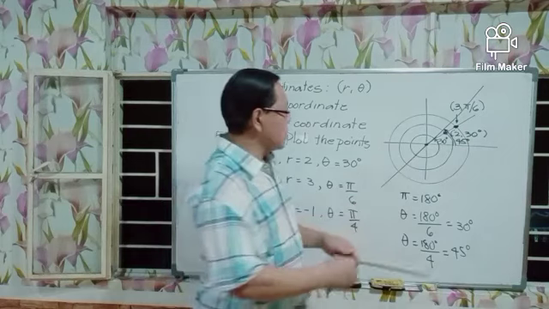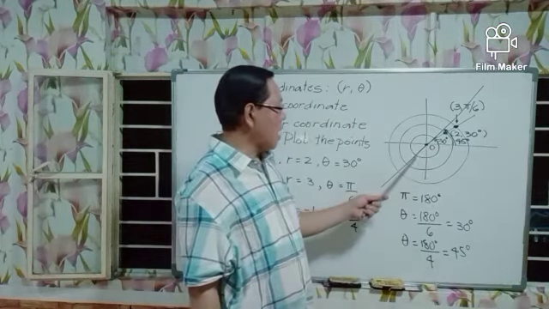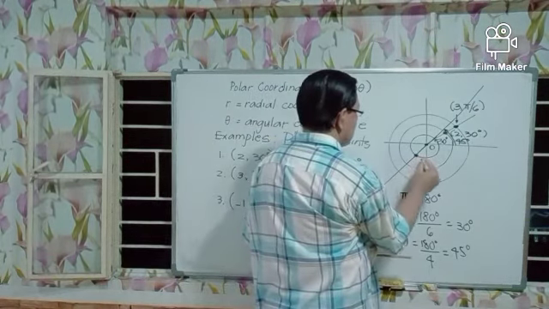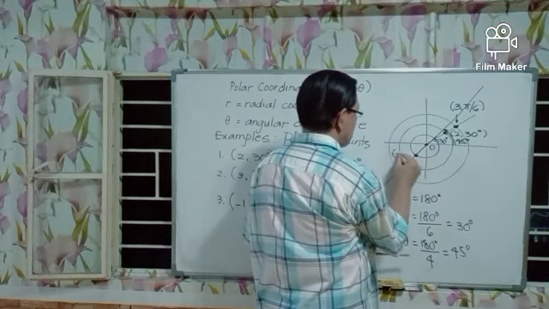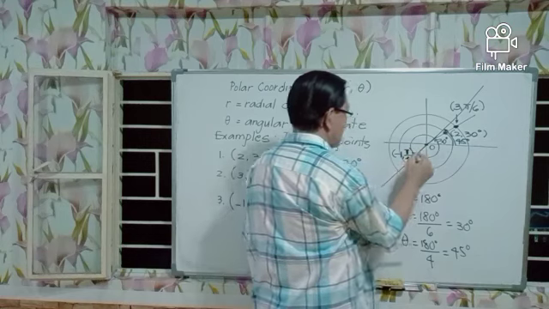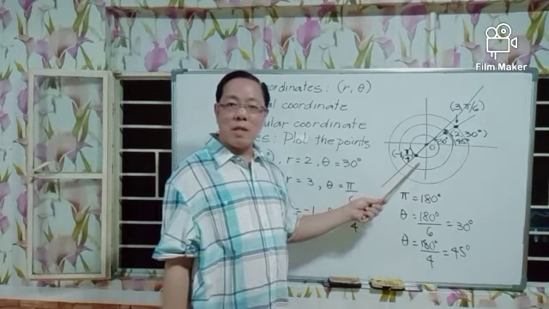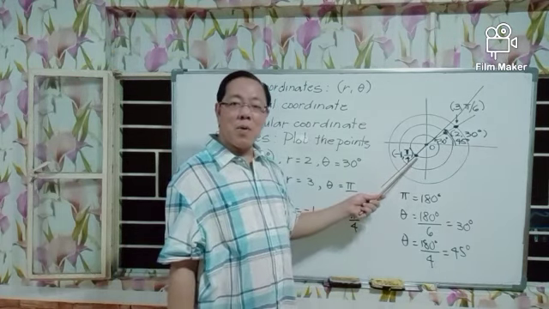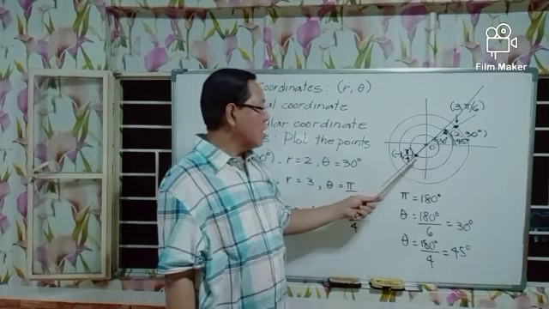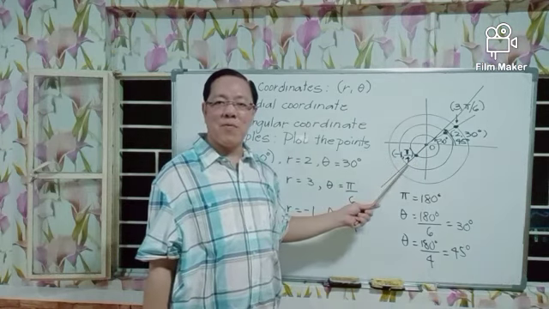And from the origin you count 1 unit and you will land at this point. From the origin you count 1 unit on the ray opposite the terminal side of 45 degrees. And this is the given point, negative 1, pi over 4.